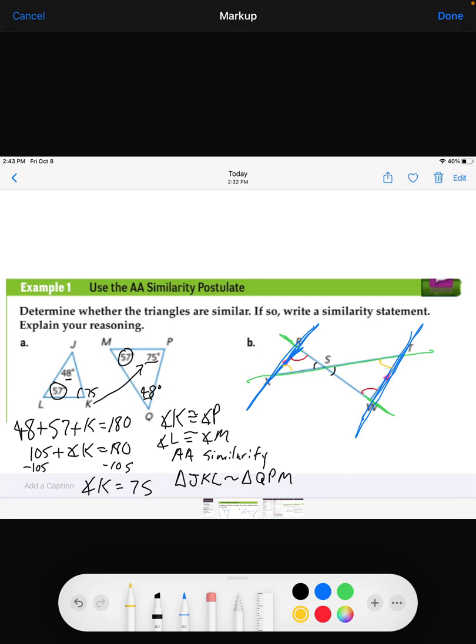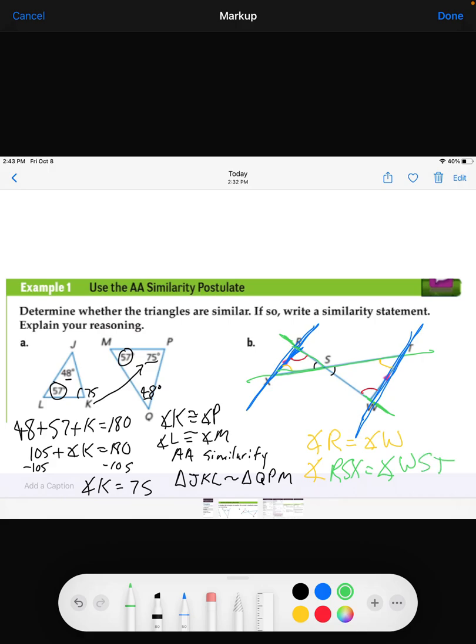We could say that angle R equals angle W, and we could say that angle, let's say this angle RSX equals angle WST.